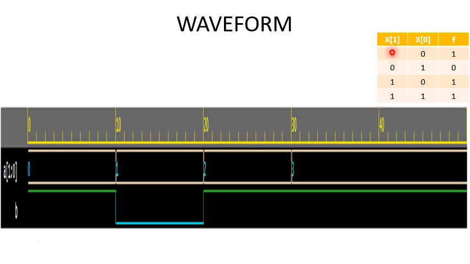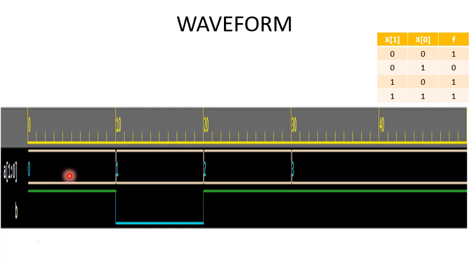In the truth table, these are the signals that I have given in the design block, that is X and F. If you recall, in the stimulus block I have mapped A to X and B to F. In the stimulus block we have applied the 2-bit input X as first 00, then 01, after 10 nanoseconds 10, and finally 11.